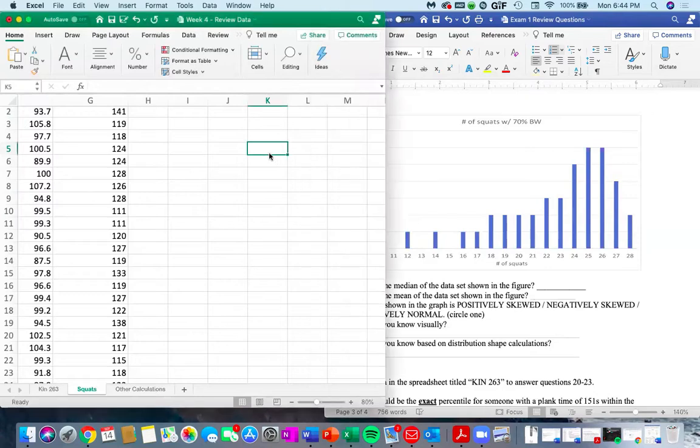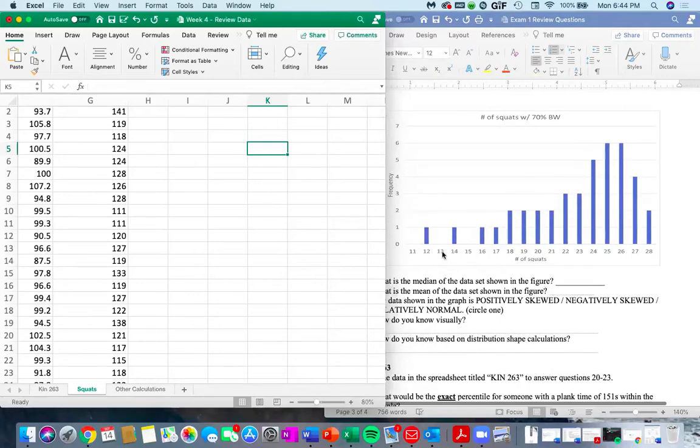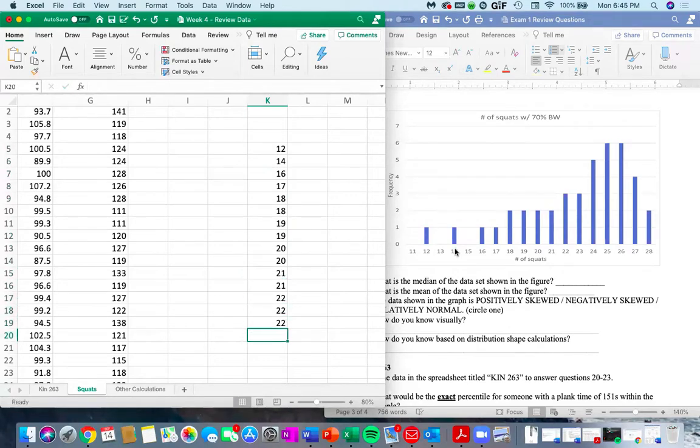Okay. You could also list out all of your data in Excel. So in this case, our first value is 12 and there's only one 12, right? There are 0 13s and then we have 1 14, 1 16, 1 17. We have 2 18s, 2 19s, 2 20s, 2 21s, 3 22s, same thing with 23s.